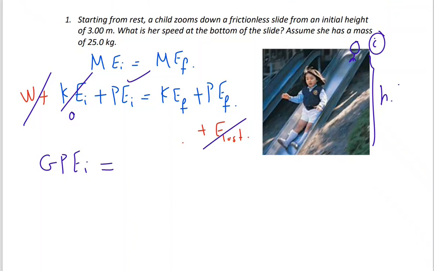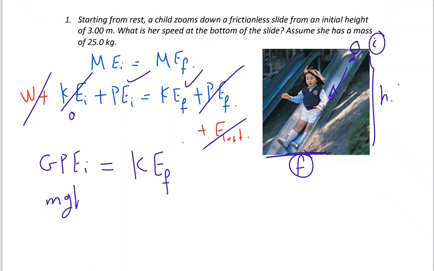Now when the girl slides down, just before she reaches the floor, we don't have height here, so this is the final, and it will be only kinetic energy. There is no height, so potential energy here is 0. Gravitational potential energy is mass times free-fall acceleration times height, mgh, equals half m v final squared.